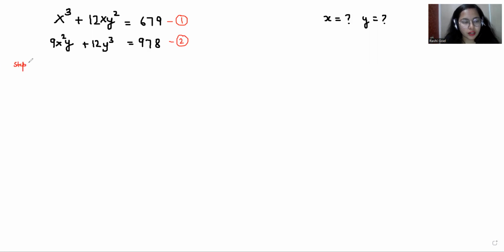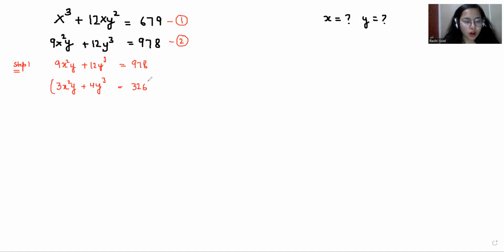So my step 1 is I'll take equation number 2 first. 9x square y plus 12y cube is equal to 978. If I divide by 3, or take 3 common throughout the equation, I get 3x square y plus 4y cube is equal to 326, right?